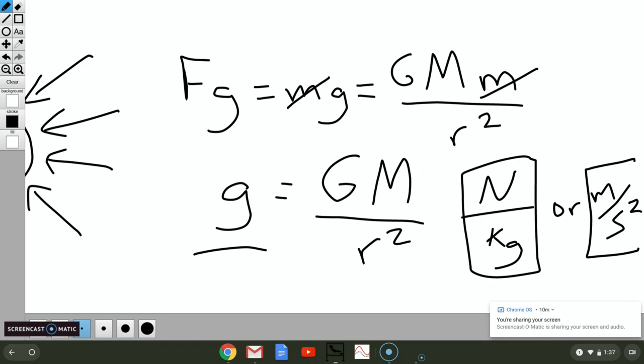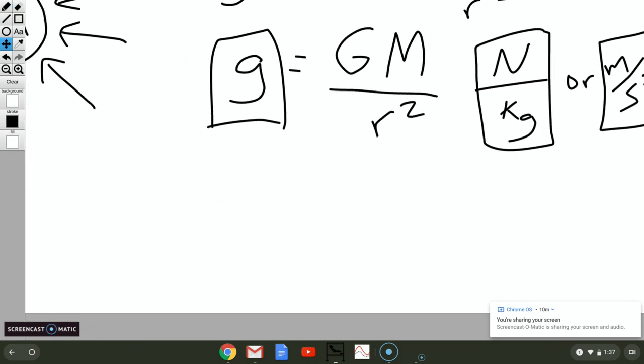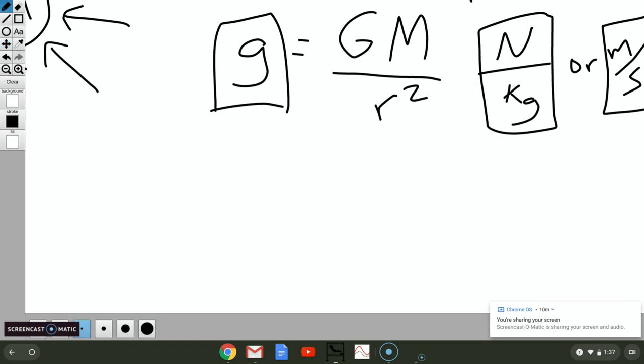You calculate them the exact same way. And so this is how you calculate lower g or little g. And this is how we did the little g in my previous explanation. And so if you calculate this little g, then using this equation, Fg equals mg, is totally acceptable as long as we use that for little g, wherever it may be.